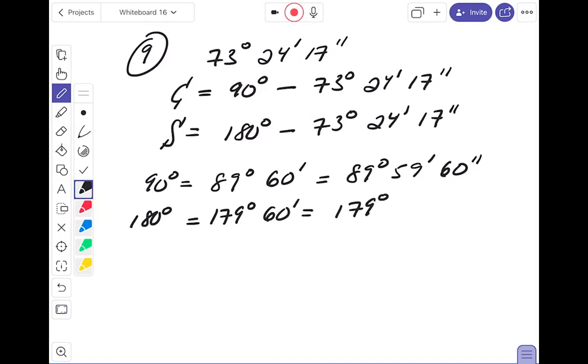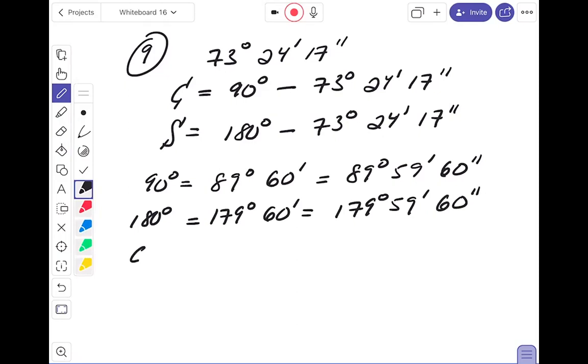I don't want to write it down twice, right? 179 degrees, 59 minutes, 60 seconds. Let's do it.